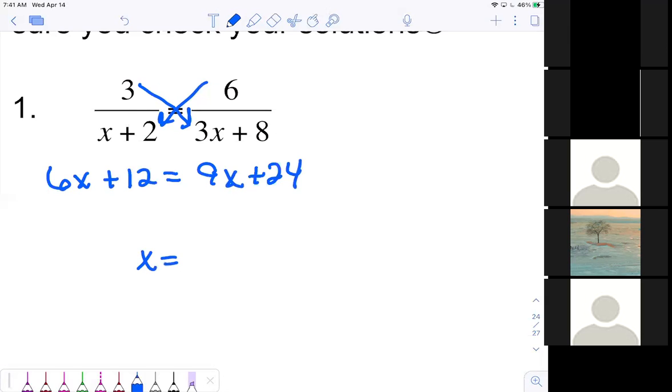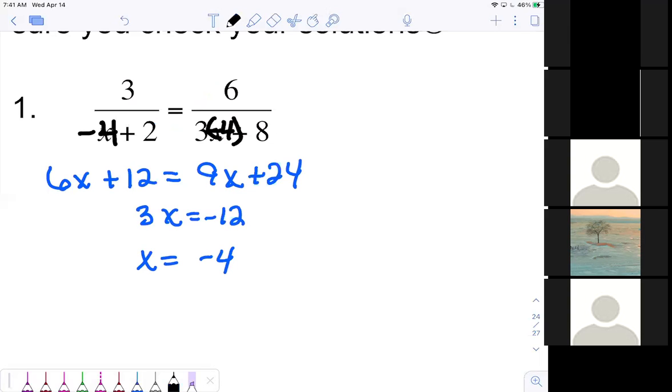I got 3x equals -12, so then x equals -4. Perfect. Nice job. And checking that back into the original problem, just give a quick check with that denominator, -4. Plugging it into the original problem, we end up with a -2. That one works out, and then we end up with a -4 on the other side, -12 plus 8.